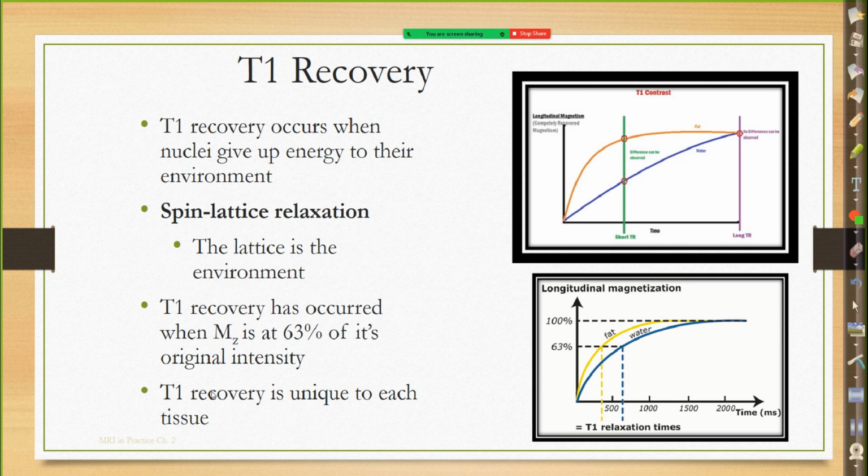Remember, T1 recovery is unique to each tissue, but remember, fat recovers quicker than water because it gives off energy to its surrounding environment a lot quicker. Because remember, it's a very closely packed molecule.